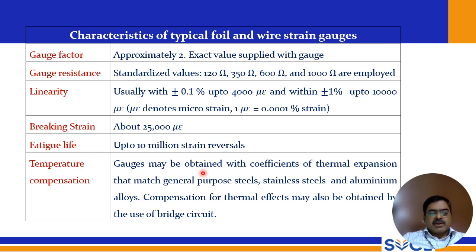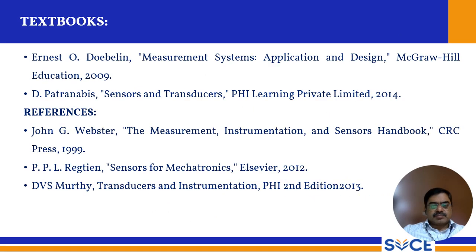Gauges may be obtained with coefficients of thermal expansion that match general purpose steels, stainless steels, and aluminum alloys. Compensation for thermal effects may also be obtained by using the bridge circuit. Even this temperature compensation can be done using a bridge circuit also. So these are the characteristics.